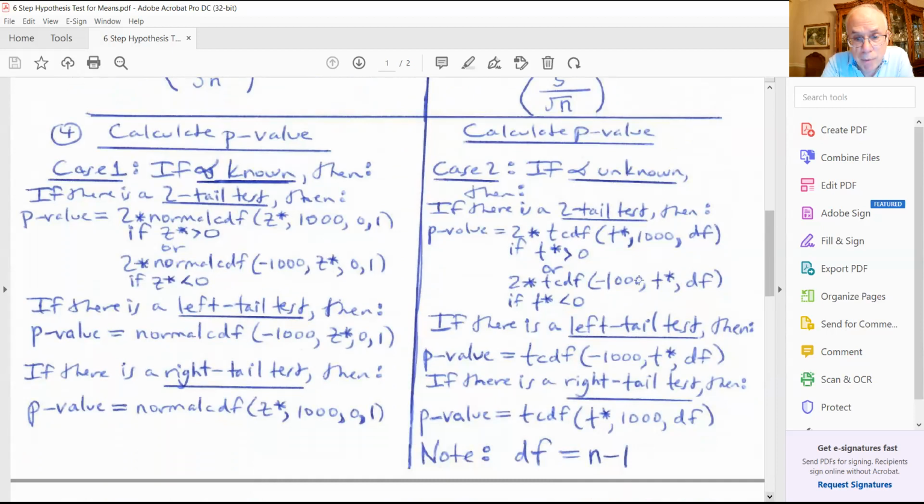So this formula right here, 2 times t CDF with negative 1,000, comma t star, comma the degrees of freedom. All right. And that's what we're going to put into our calculator. Now we already know that t star is being saved in alpha A in our calculator.